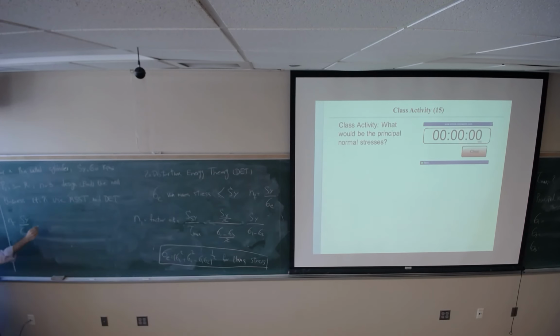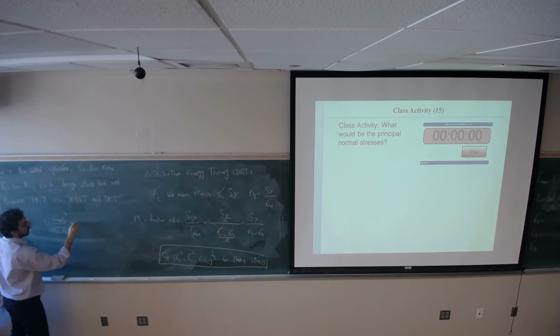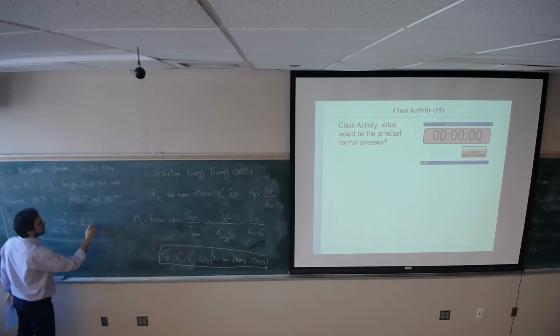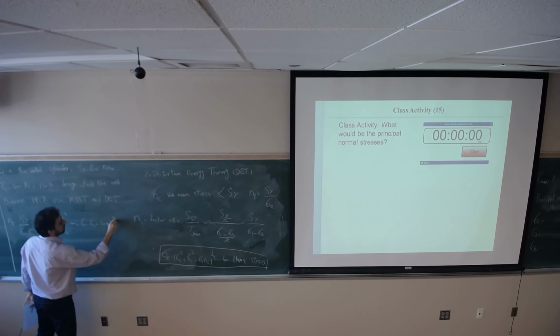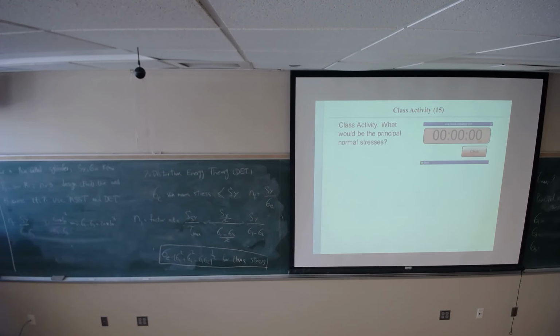NF is 3. 3 equals Sy, which is 60,000 psi, divided by sigma 1 minus sigma 3. So it tells me sigma 1 minus sigma 3 should be equal to 20,000. 60,000 divided by 3 is 20,000.